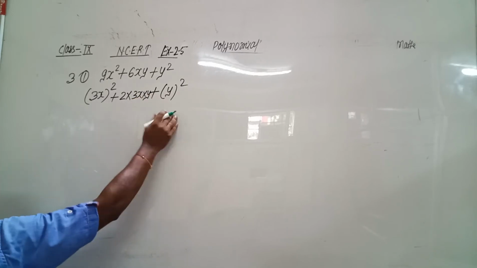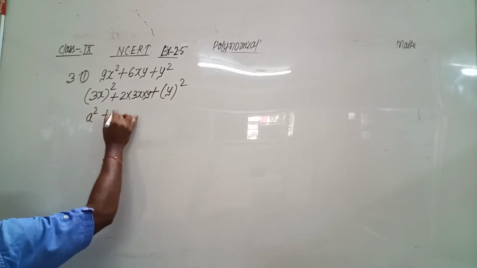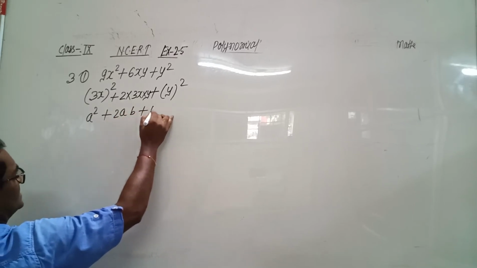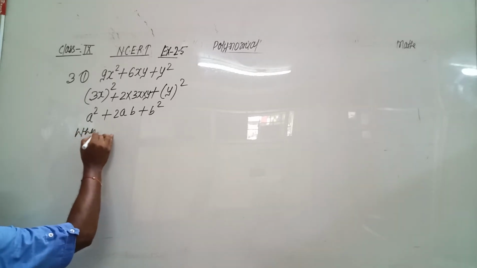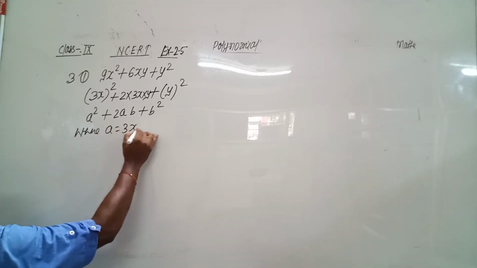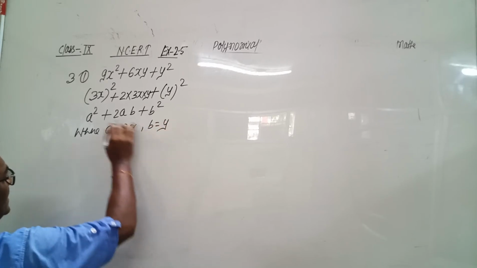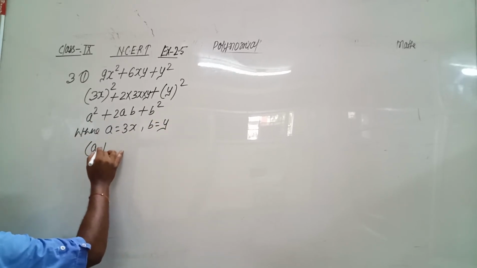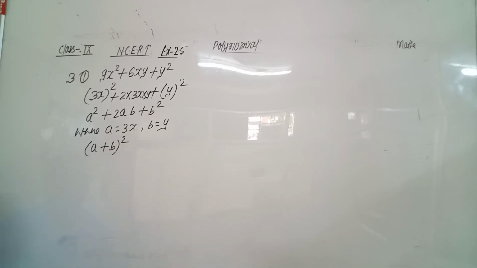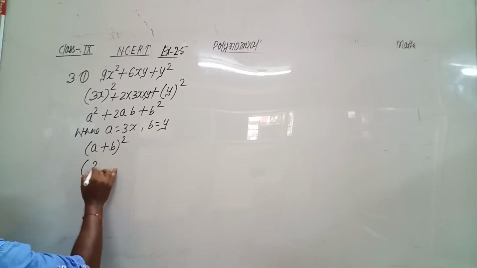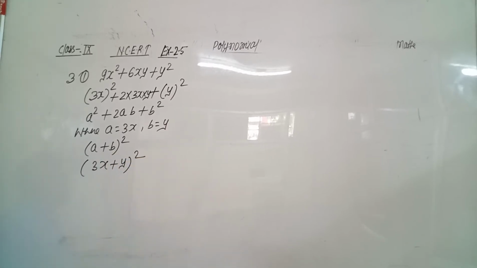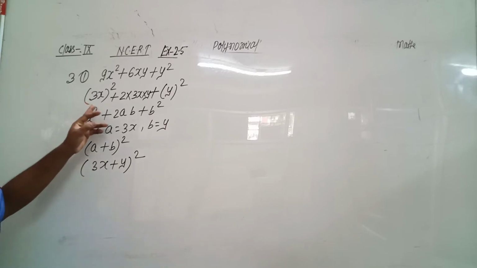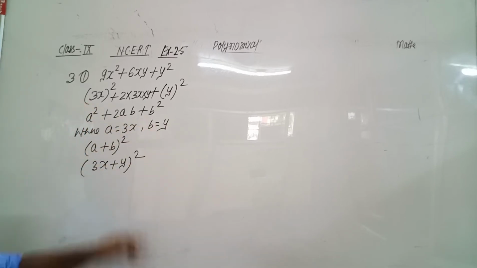So this is the identity a square plus 2ab plus b square, where a is equal to 3x and the value of b is equal to y, and the formula for this is a plus b the whole square. So put the value of a as 3x and the value of b as y: 3x plus y the whole square. So this is based on the identity a square plus 2ab plus b square, which is equal to a plus b the whole square.